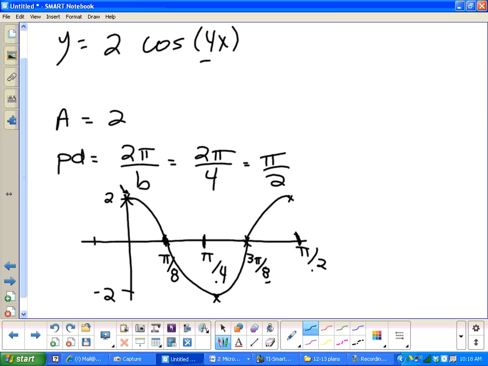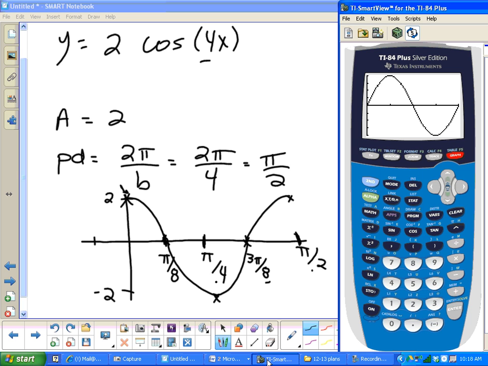Let's look at how we can check this on the graphing calculator. Okay, so get your graphing calculator fired up. Put your key in it, give it a little gas. You go to Format.